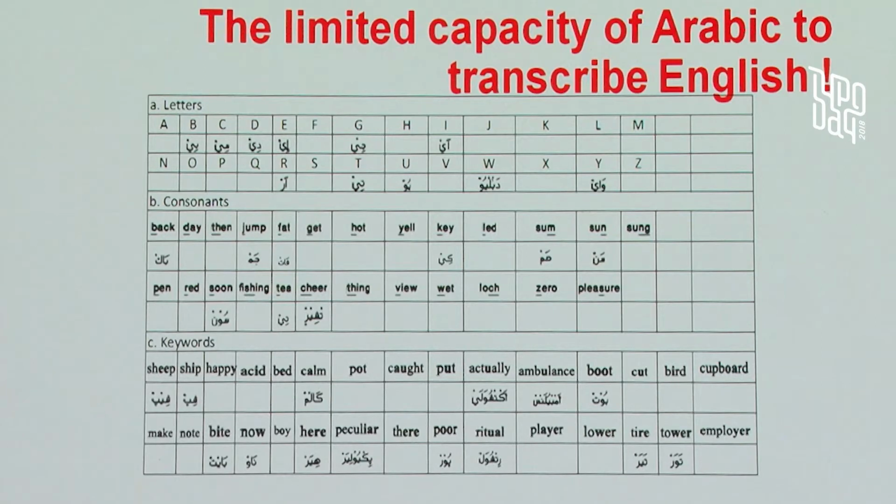So this shows the limited capacity of Arabic to represent English sounds and words in its current situation. We can't say A; we don't have anything to say A. We have B, C, D, but the F we cannot say.